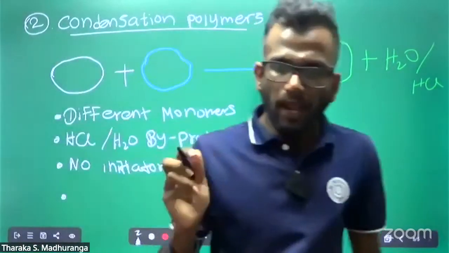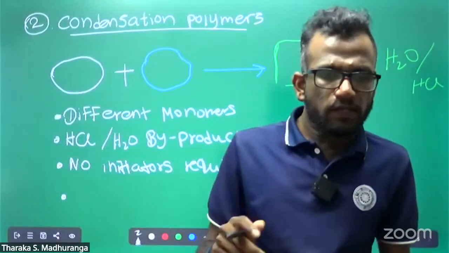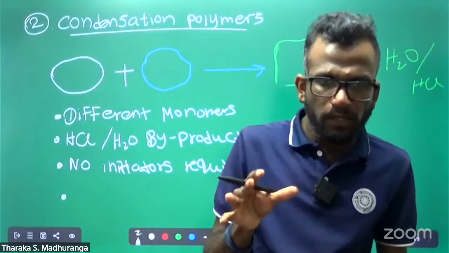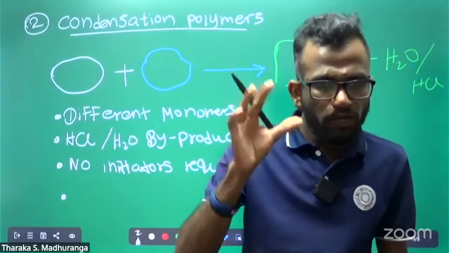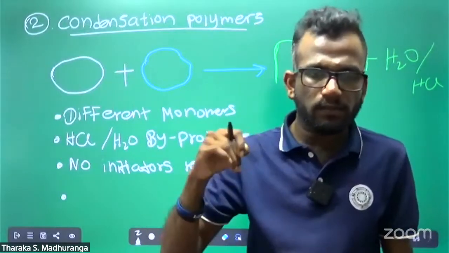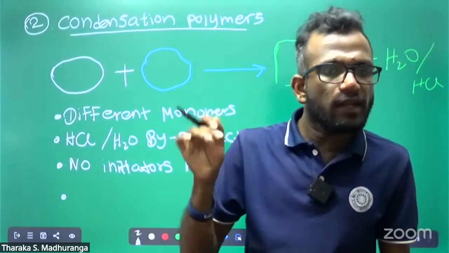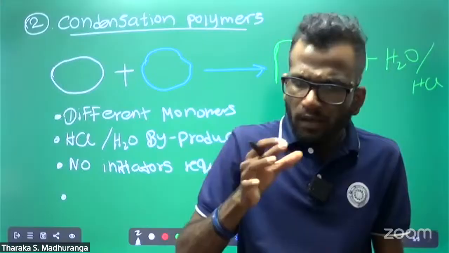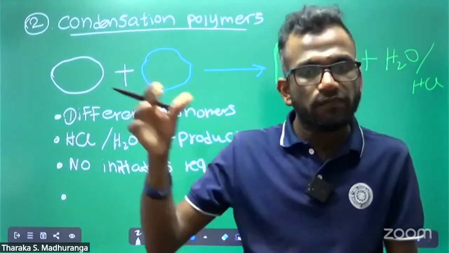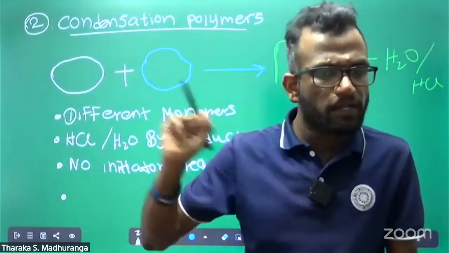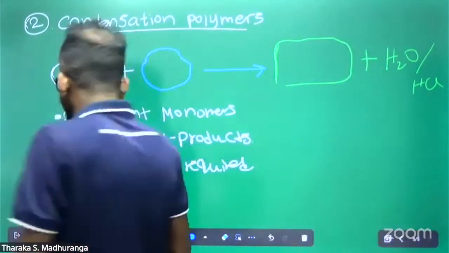You can see in addition polymers, the polymer structure is similar to the monomer because only one monomer is repeating. But in condensation polymers, the polymer doesn't have the monomer characteristics because different types of monomers are combining. Now you can understand it practically.